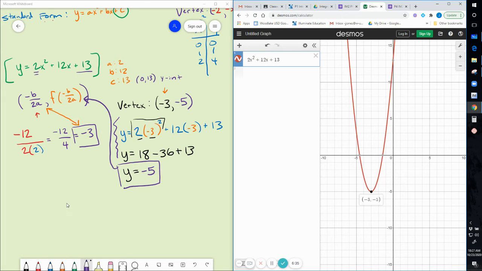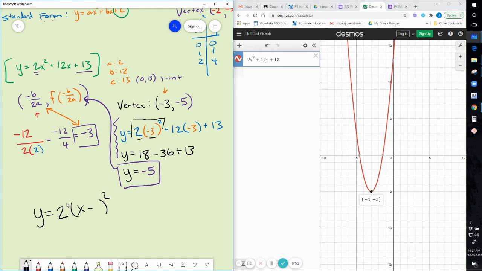Now, let's just remind ourselves of vertex form. If you know the vertex and you know the stretch, you know vertex form. So we know the stretch is 2, and we know the vertex is x minus h plus k. Well, my h value is -3.